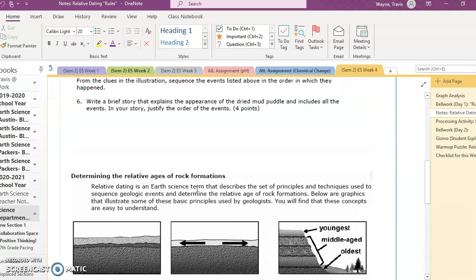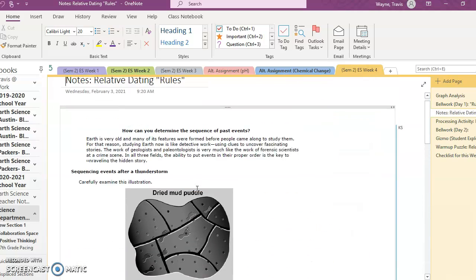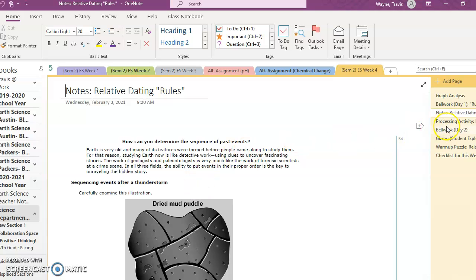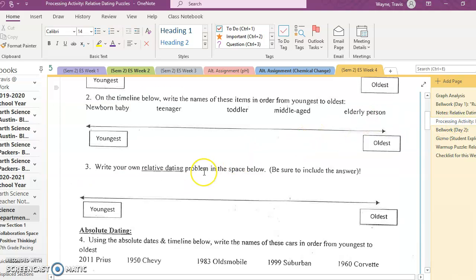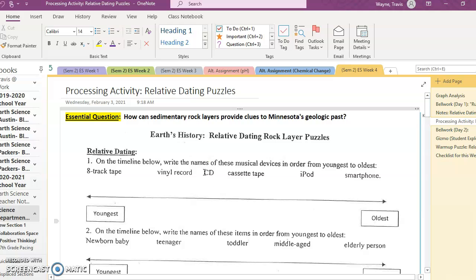So this will be our notes that we're going to be filling out in class when you are here in school.